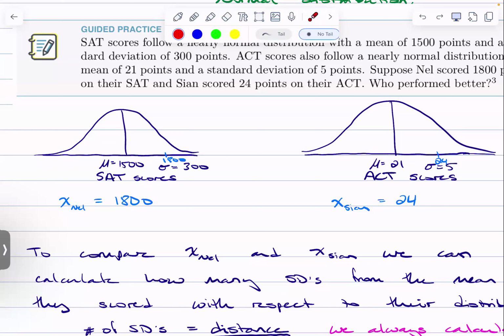You don't expect a ton of different spread, but you do need to take the spread into account, because it's possible that hardly anyone gets over 90% on the ACTs.